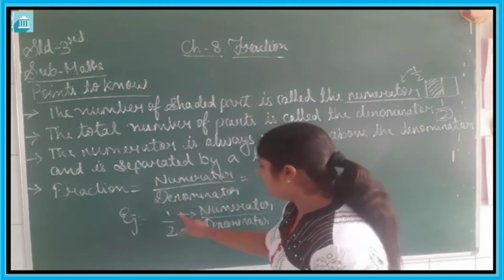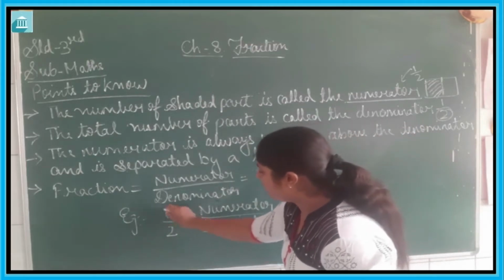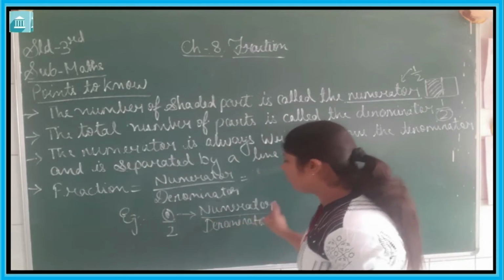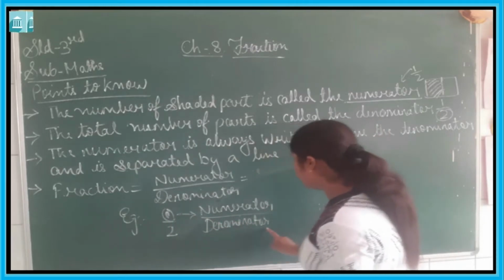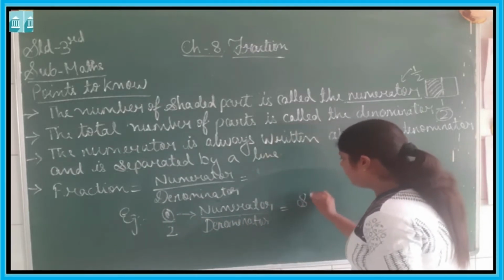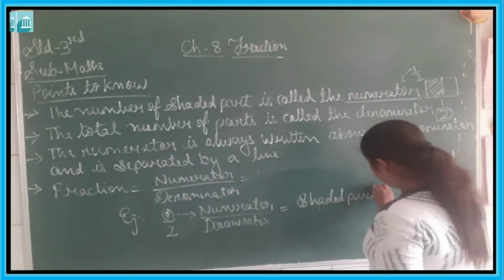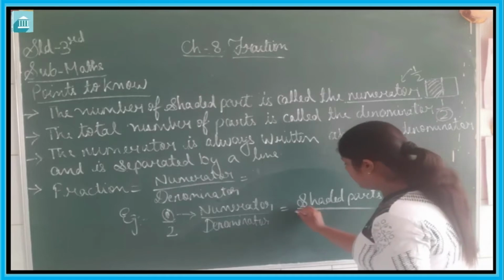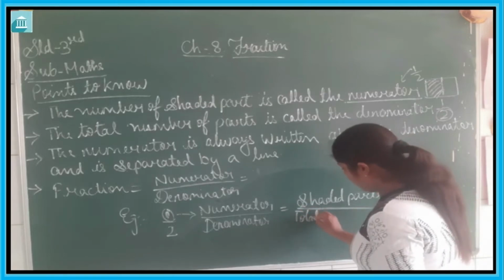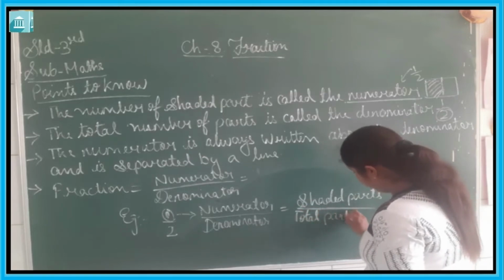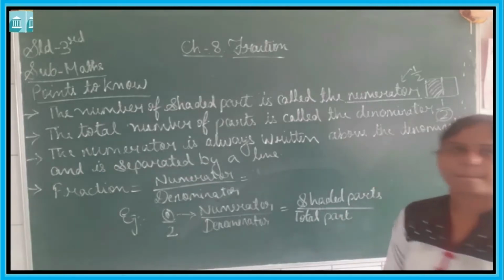For example, 1/2. The upper part, the shaded part, is called the numerator, and the total part is the denominator. Numerator is always the shaded part and denominator is the total part. Okay.